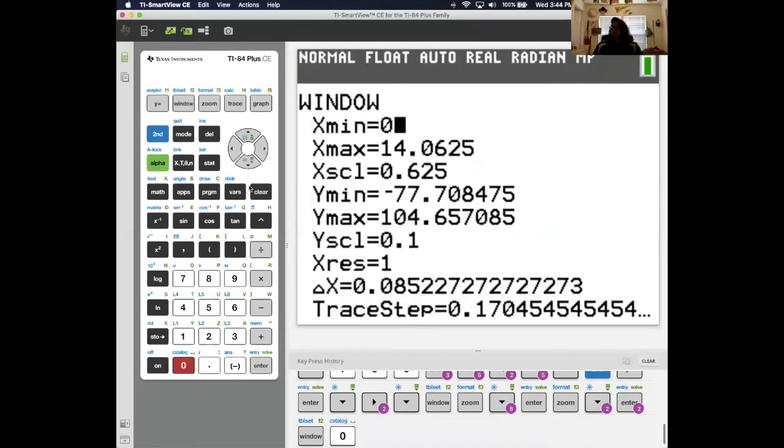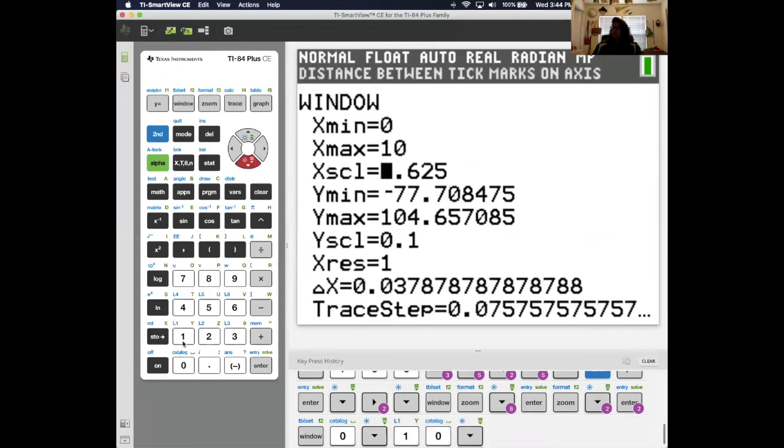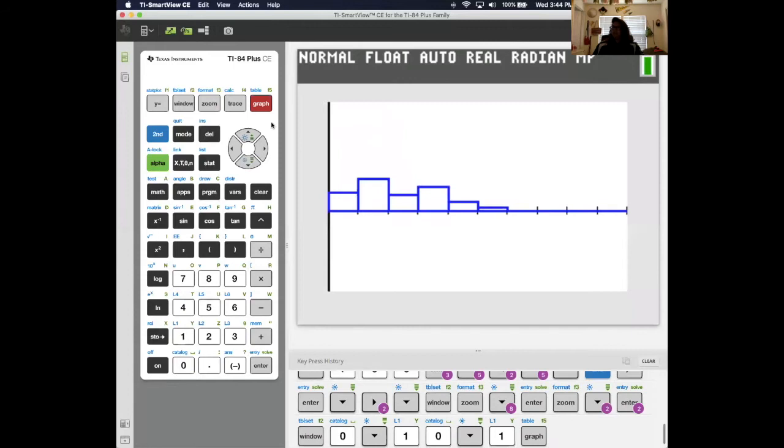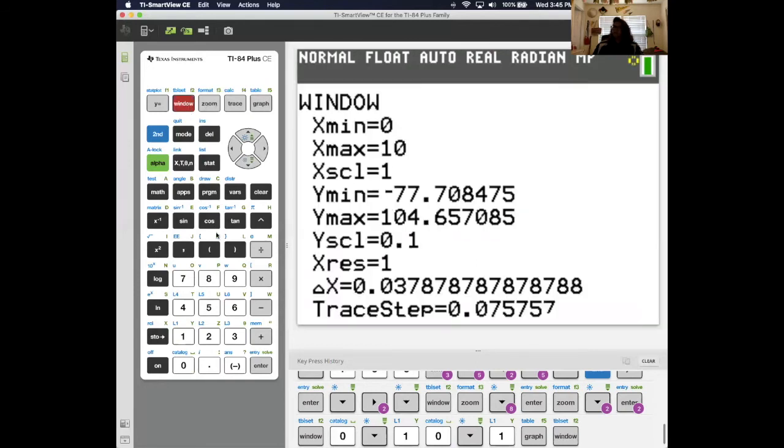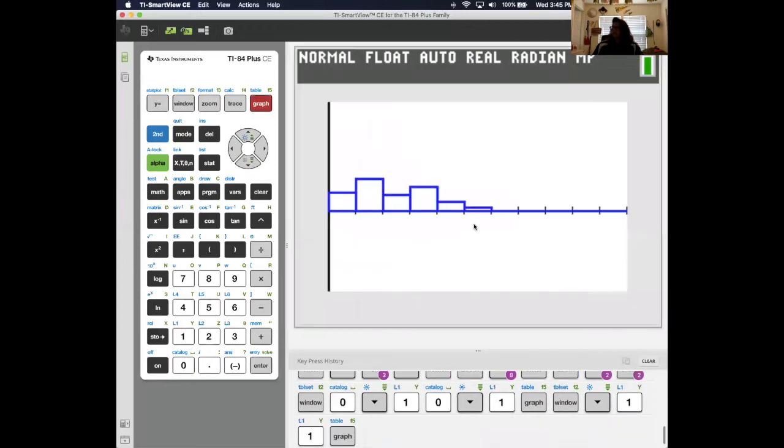So again, 0, 10, and then X scale is 1, and just hit graph, and that's going to do it for you. So we have 0, 1, 2, 3, 4, 5, 6, 7, 8, 9, and 10 is off the screen. So let's do this again and fix it so that it's 11, so we can see everything. So we got 0, 1, 2, 3, 4, 5, 6, 7, 8, 9, and 10.